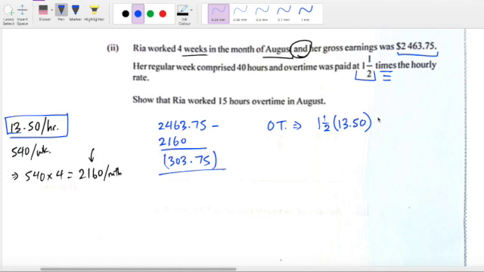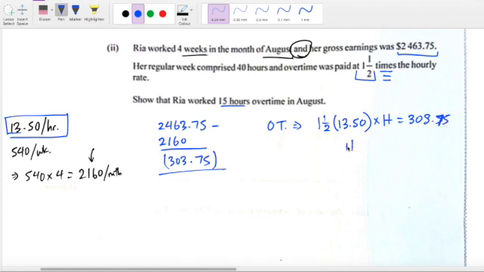And how many hours did she work? That's what we want to show. We want to show that the hours is 15, so hopefully we get 15. And that should equal the amount of money that she got from overtime, 303.75, yeah?